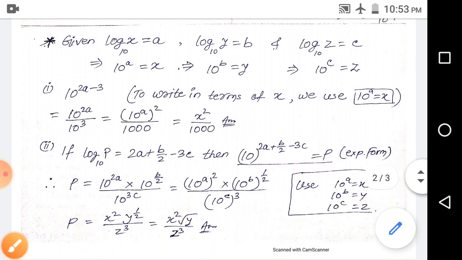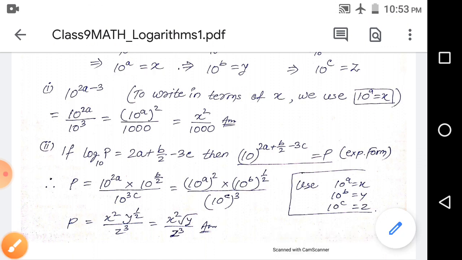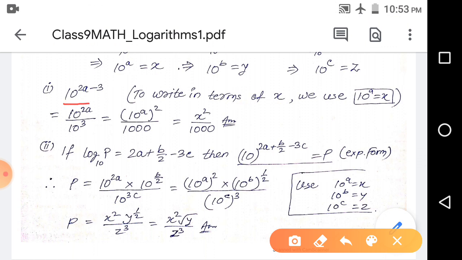Now what we have to evaluate is 10 to the power 2a minus 3, in terms of x. So we know that 10 to the power a equals x. Now we write 10 to the power 2a minus 3 as 10 to the power 2a divided by 10 to the power 3.